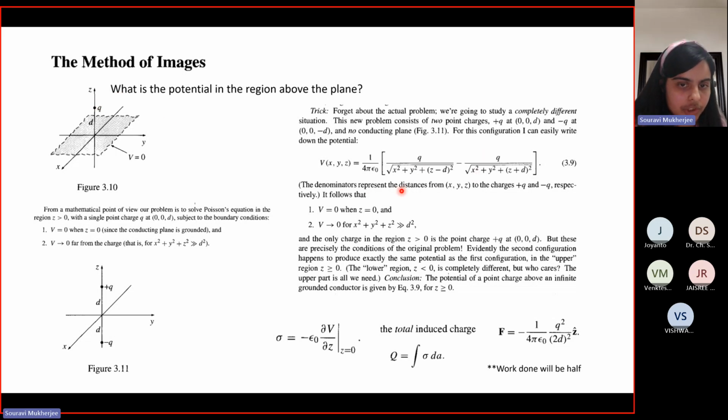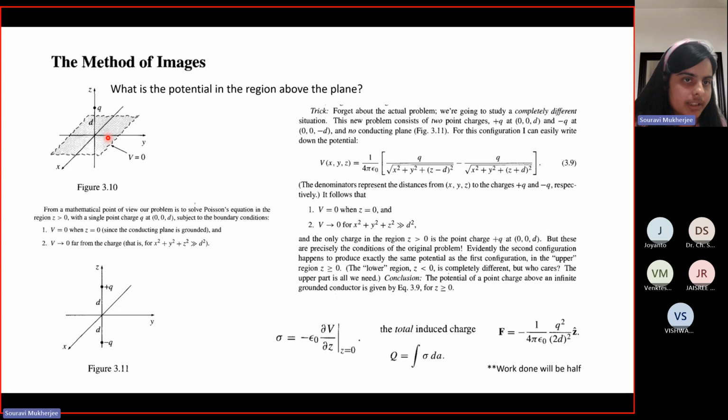Similarly, you can use this expression to find the charge density. So if you use the solution to find the charge density at the xy plane, you will see that if you integrate over the entire area, you will find the total induced charge is actually equal and opposite to this plus Q charge. Okay. And you can also try to find the force. So basically, these are direct ways of solving it, right?